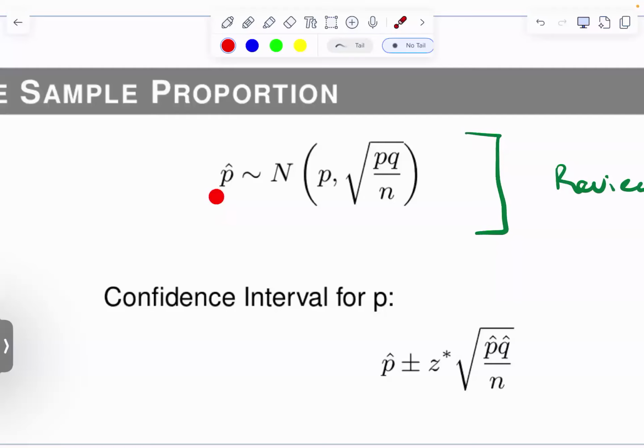And so p hat follows a normal distribution centered on p with a standard error. I'll just transfer the little that we got to right there. Standard error of p hat, which is the root of pq over n.